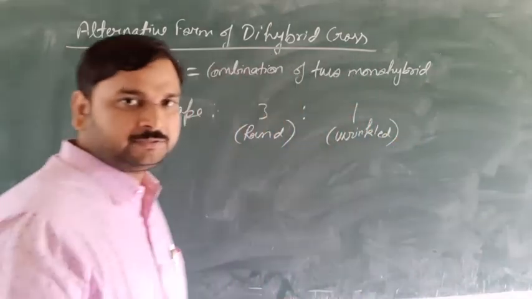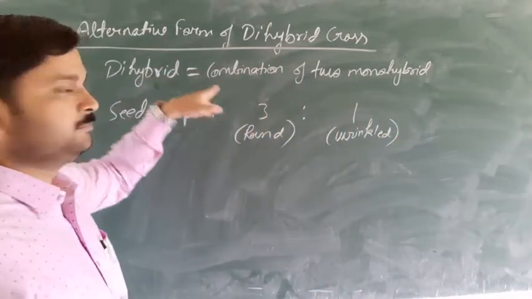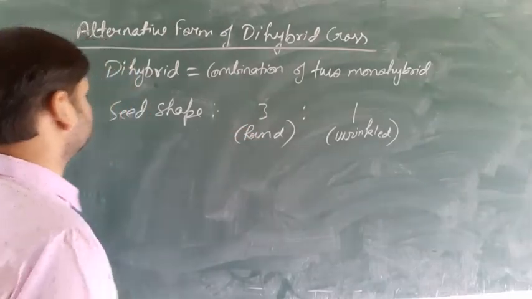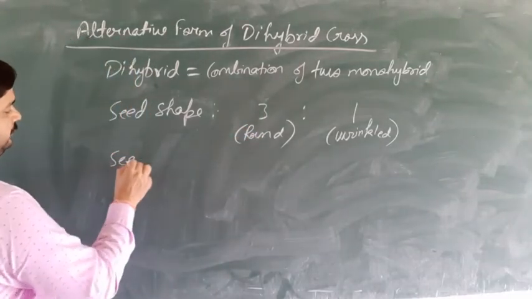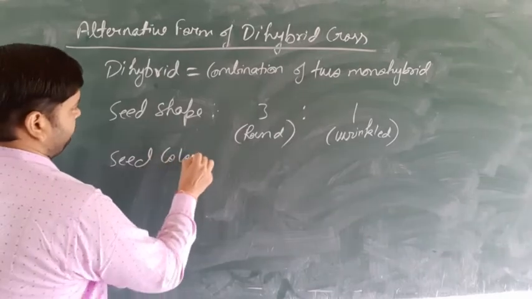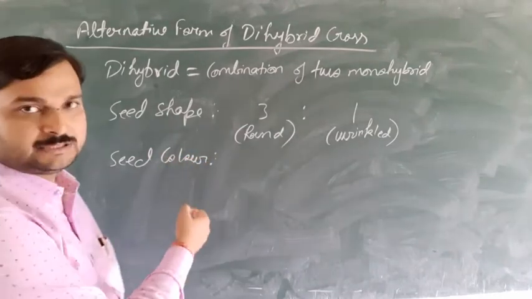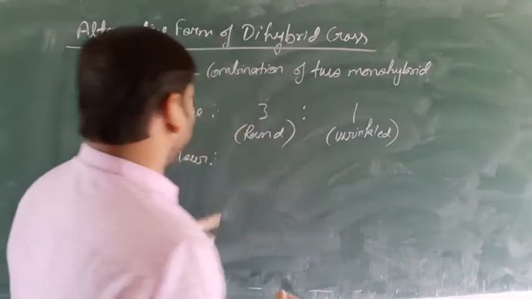This is one character, and just now I told you this dihybrid is a combination of two monohybrids. This is one cross. Then the second one, you take seed color. If you take this also as a monohybrid, what will be the phenotypic ratio?